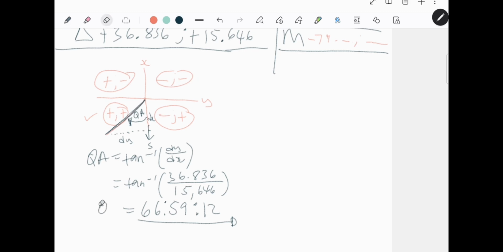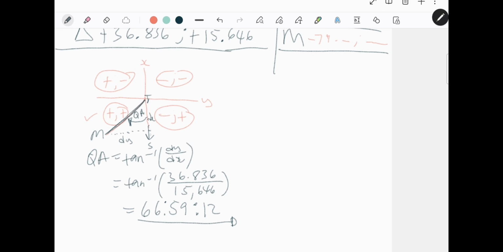But if your QA falls in the first quadrant, it's the same as your bearing. Here you have your T, you have your M. So from T to M, that's the angle, 66.59. That's our bearing, our quadrant angle. Since it's in the first quadrant, it's the same as our bearing.